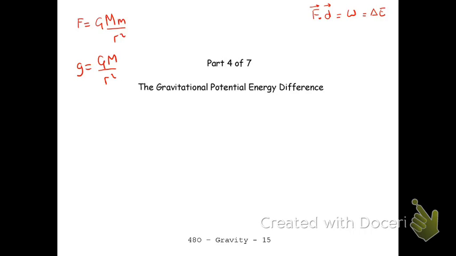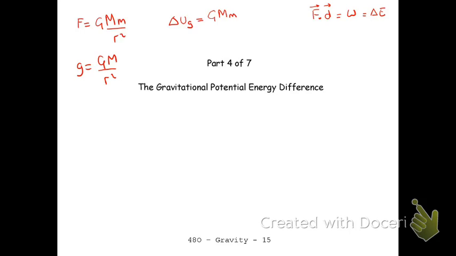What kind of energy am I changing when I talk in terms of heights? Potential energy. So I get this relationship where delta U, G, the change in potential energy, which is equal to the work, is going to equal my force, which is GMm over r squared, times the distance. So the distance and one of the r squareds is going to cancel.